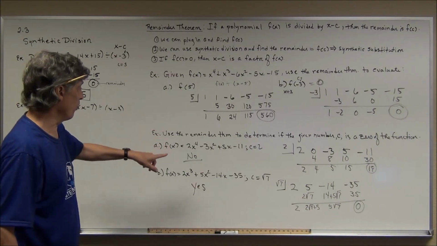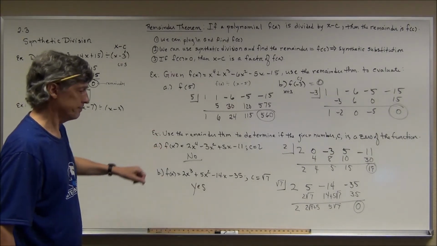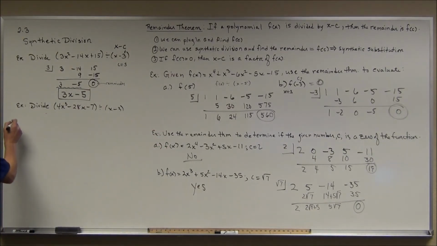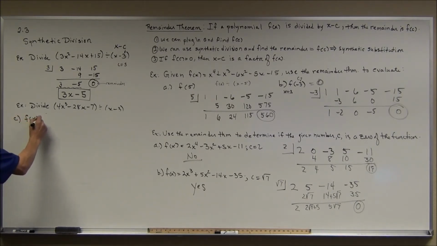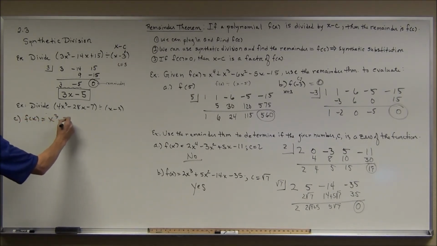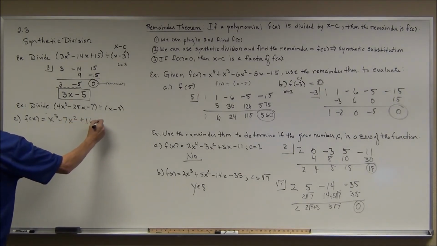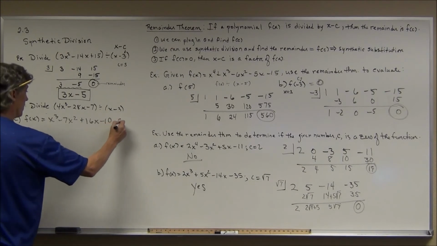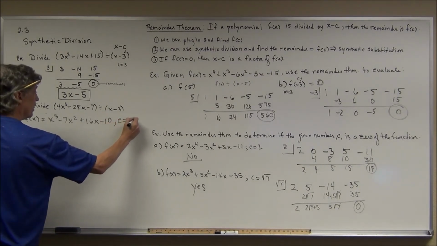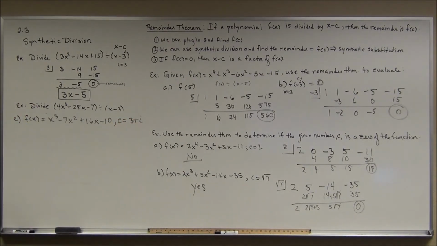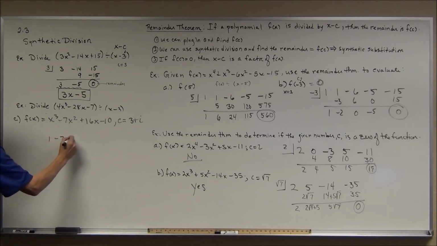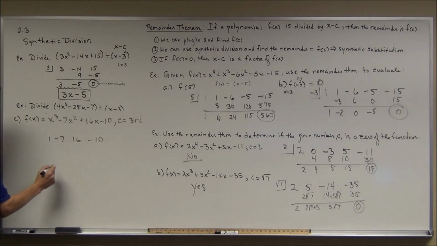Now, I'm going to do one more here with this function. Here's my part C. I have f of x is equal to x to the third minus 7x to the second plus 16x minus 10, and this time I'm going to let c be an imaginary number, 3 plus i. Here we go. 1, negative 7, 16, negative 10.